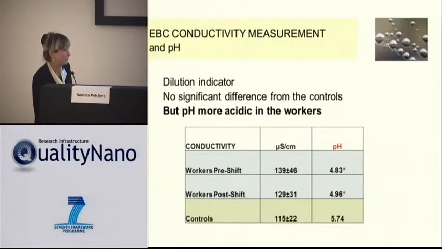As to the evaluation of the exhaled breath condensate, conductivity, as I mentioned, the method was measured, and no difference was seen between pre-shift, post-shift, and control subjects. But the pH of the exhaled breath condensate was more acidic in the workers every time.